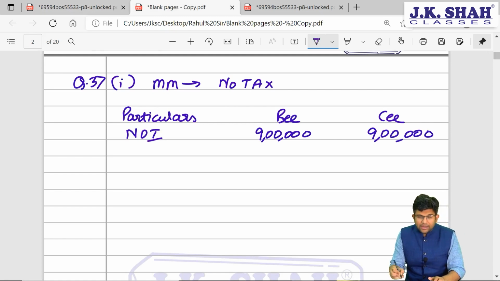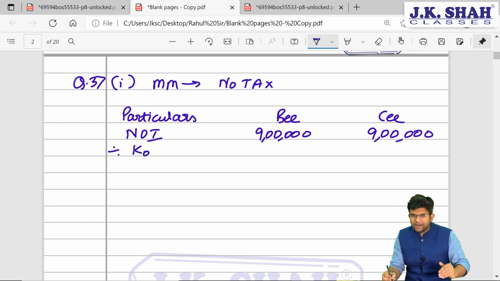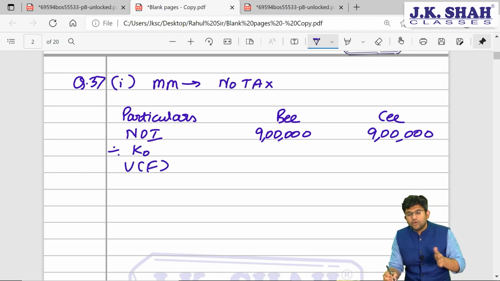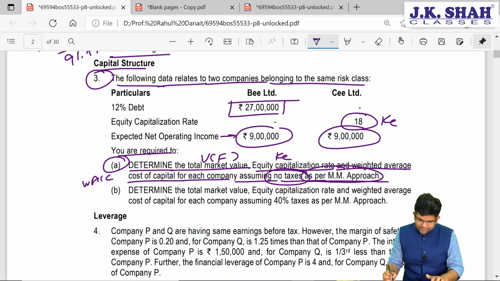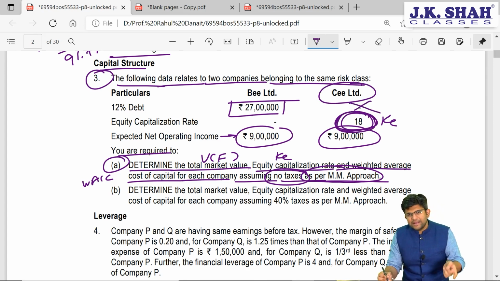Now students, this NOI, when we capitalize it at the rate KO, when we divide it by KO, what we get is the value of the firm. Now children, where is KO in the question? As far as C Limited is concerned, students, do you realize that they have given to you KE? Now if in C Limited there is no debt, can I say KE and KO will be same?